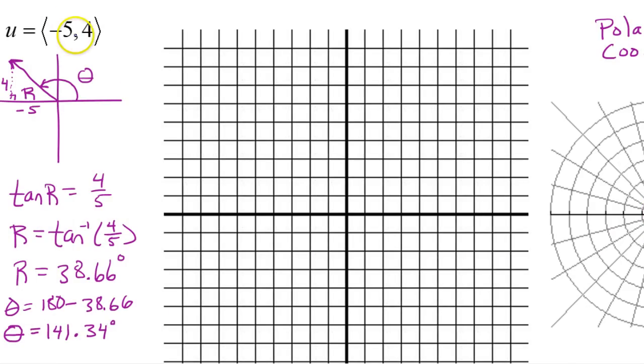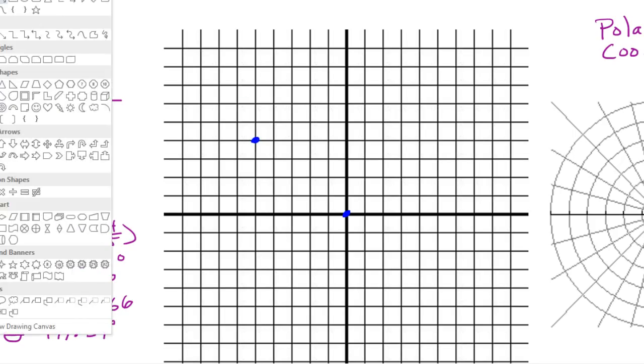Using component form, I think I'll graph it in standard position, so I'll start from 0, 0. I would go left 5 and up 4. So left 5, up 4. This would be my terminal point.